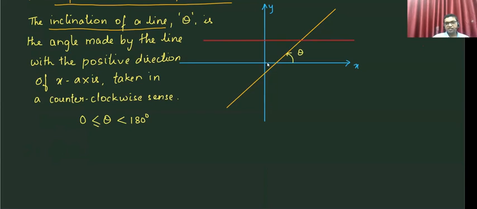Like the x-axis, for example, it makes 0 degrees with itself or 180 degrees with itself, because here we are not considering a straight line as a directed segment. It doesn't have any direction. So its inclination will always vary between 0 and 180.